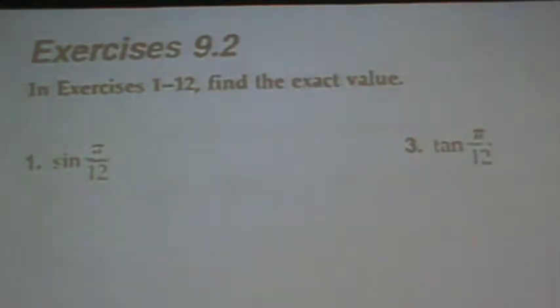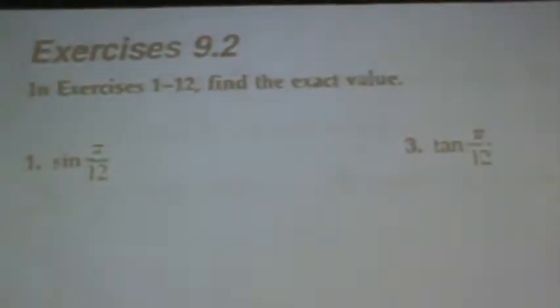So what you have to do, because we do not know the answers without using a calculator on these, we're going to take a look at the special triangles that we already know. So let's look at the triangles. Let's draw them, because I don't want to keep redrawing them.